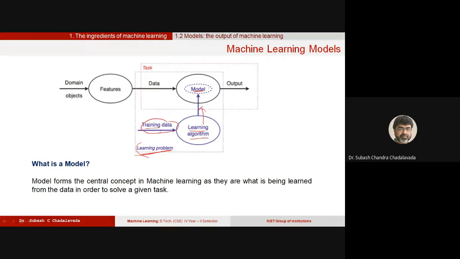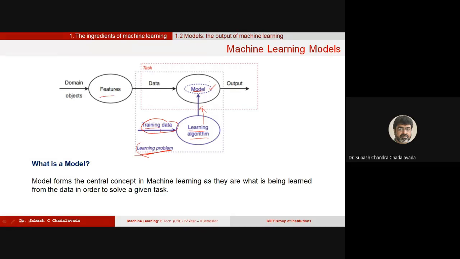This is the most vital part, the central concept of machine learning. Models are one of the three key things that we need, along with tasks and features.